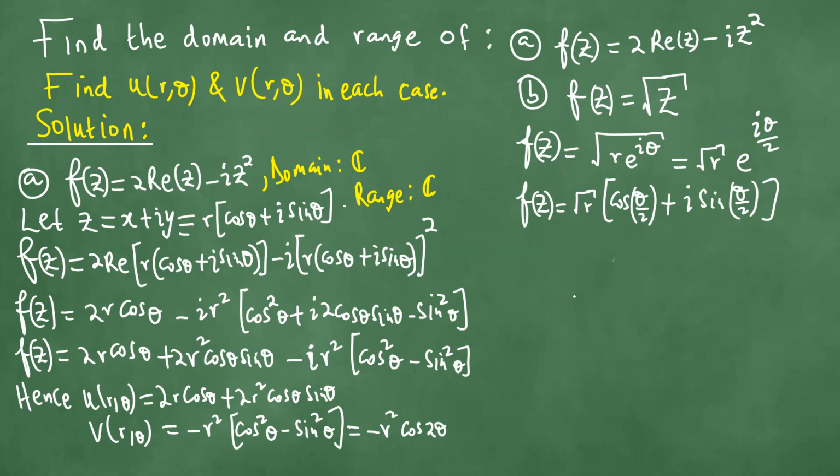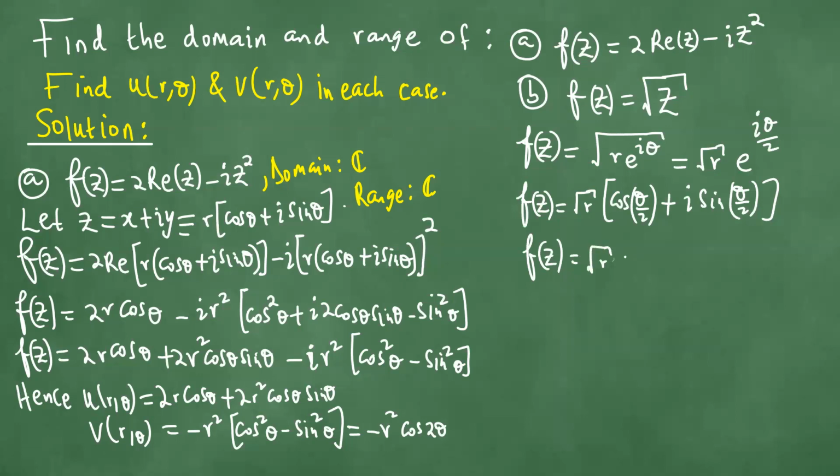From this, we are able to make a couple of observations. It's Euler's formula that allows us to convert the e to the i theta into the cosine and sine representation.